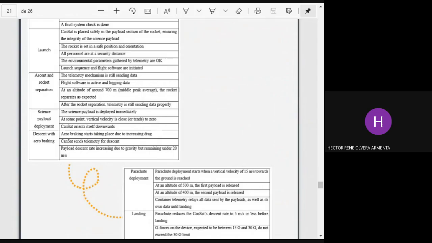So the science payload will activate the parachute and finish the cycle.